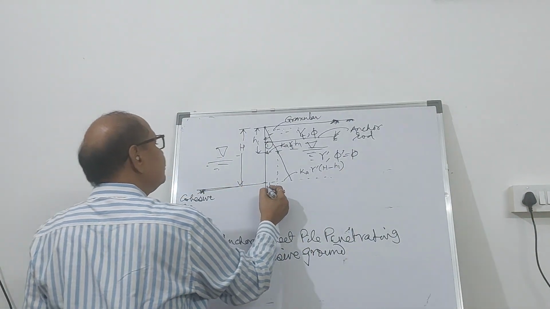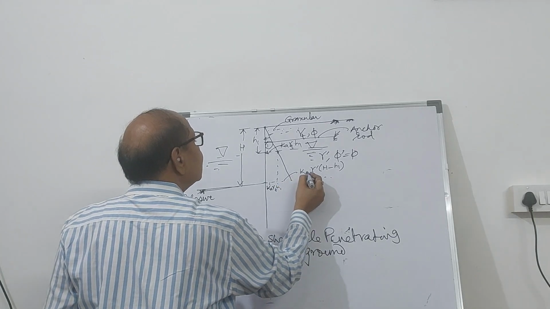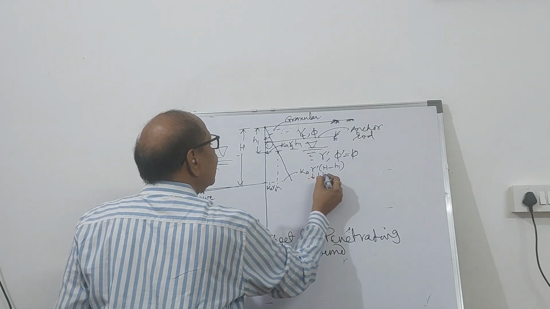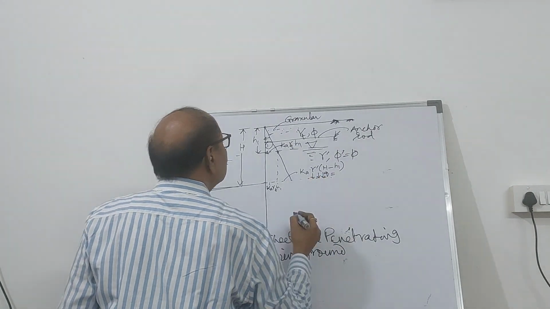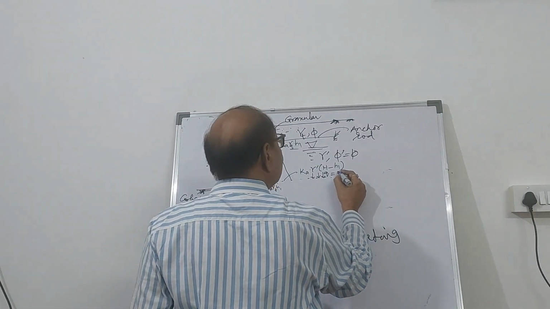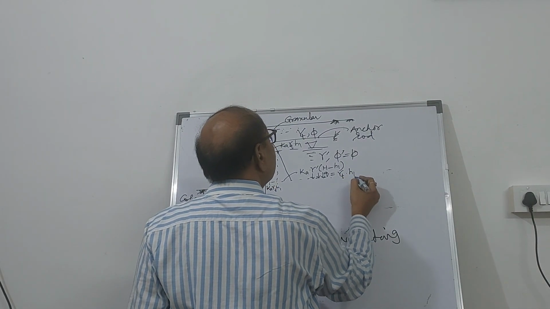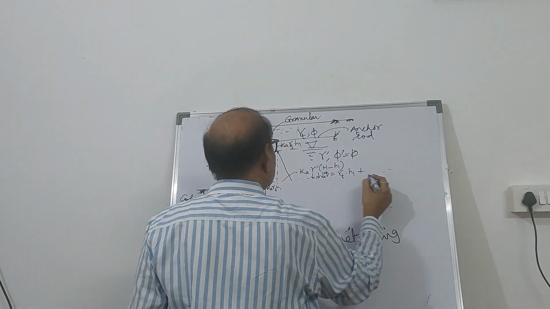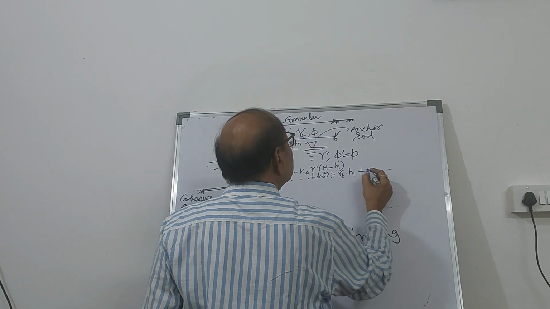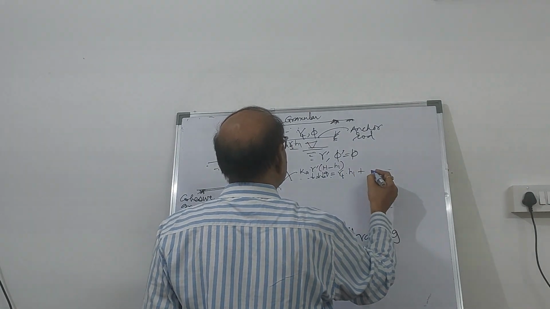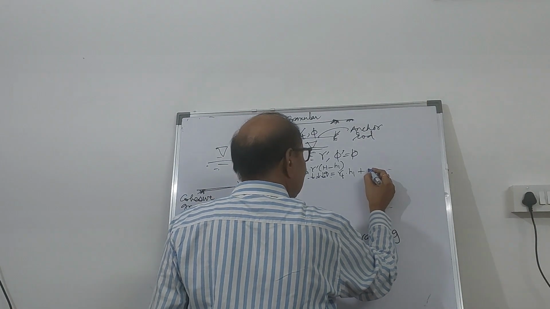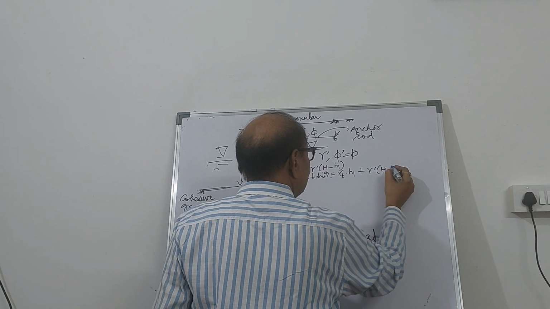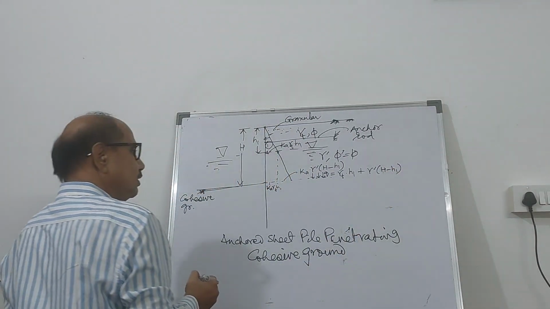So the total pressure becomes K gamma T H1 plus K gamma prime (H minus H1), and the surcharge here Q equal to gamma T into H1, right, plus another pressure here, gamma prime into H minus H1. That is the surcharge.